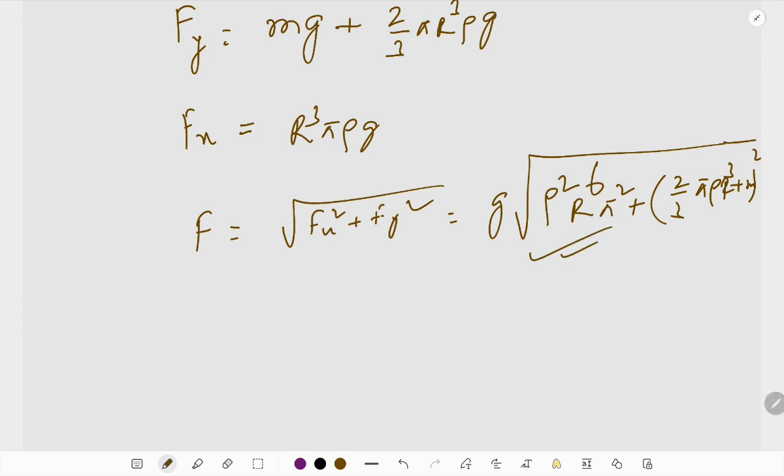And the direction, if this force makes an angle theta with the horizontal, then you can simply write tan theta equal to Fy upon Fx.